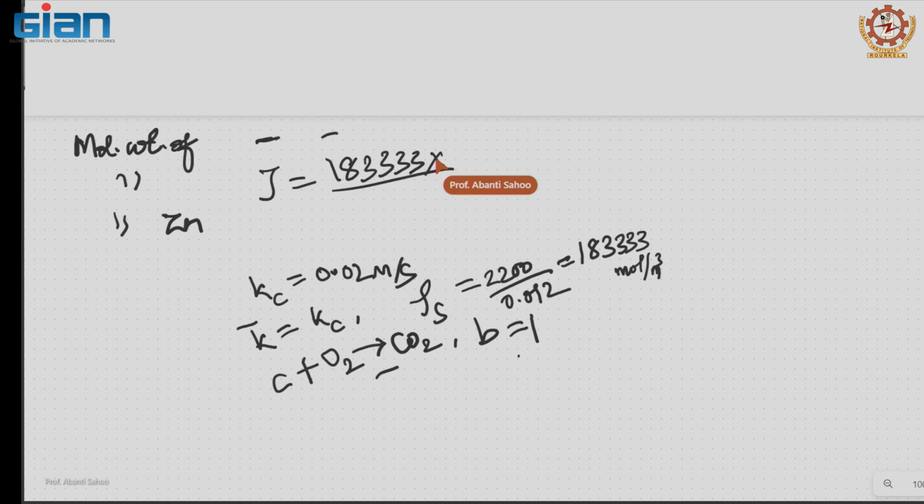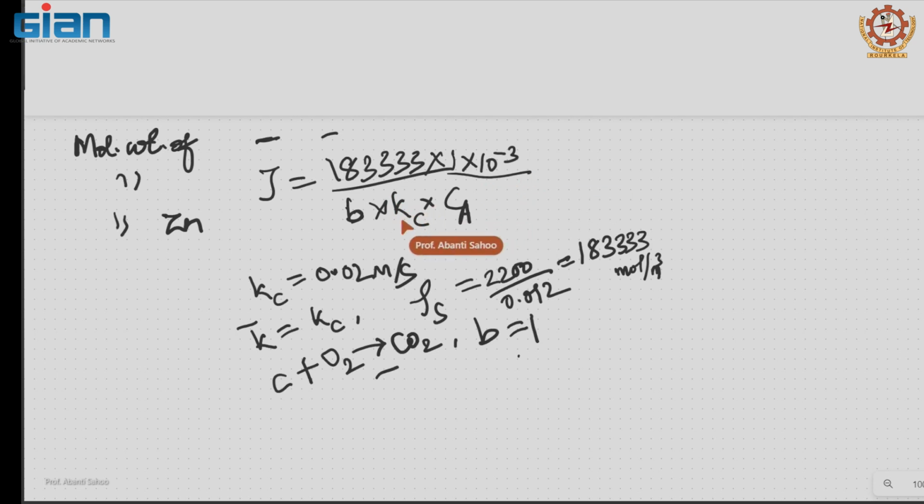So 1 into 10 to the power minus 3, divided by rho B into k bar or kc, here it is equal into Ca.